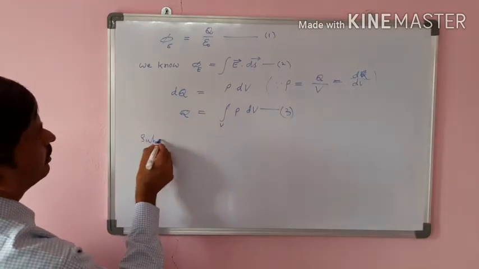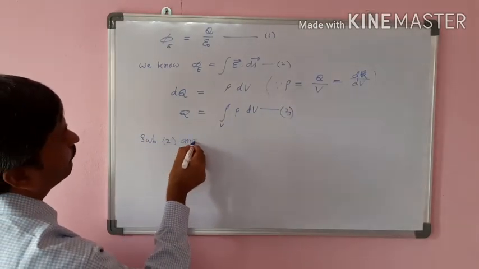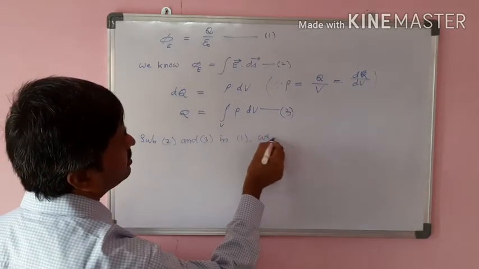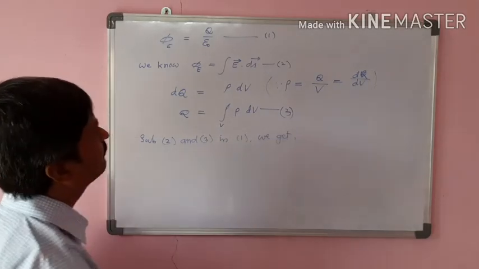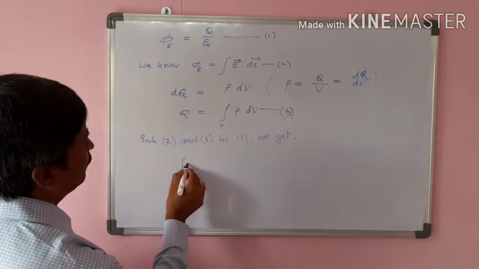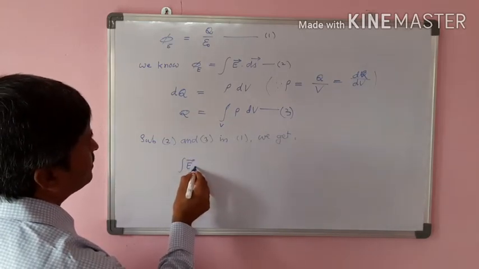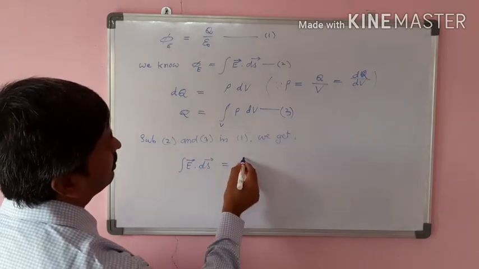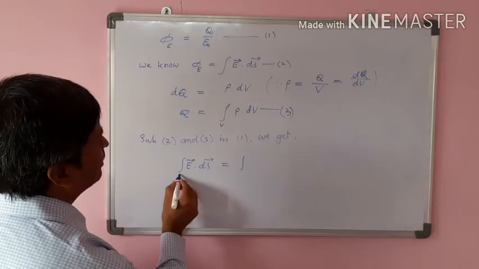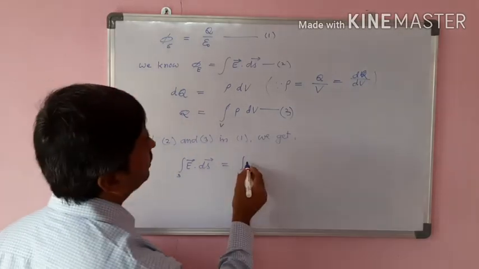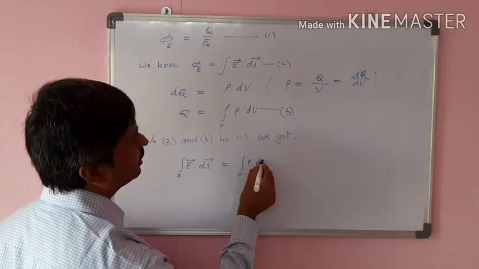Substituting 2 and 3 in 1, what shall we get? Here integral of E dot ds is equal to, this is surface integral, this is volume integral of rho dv.